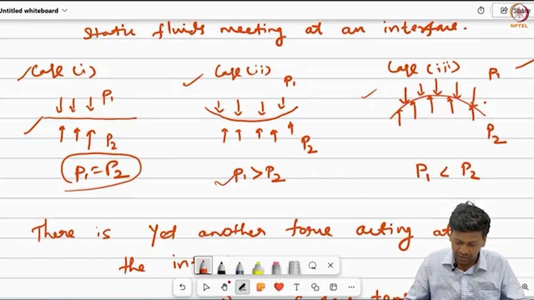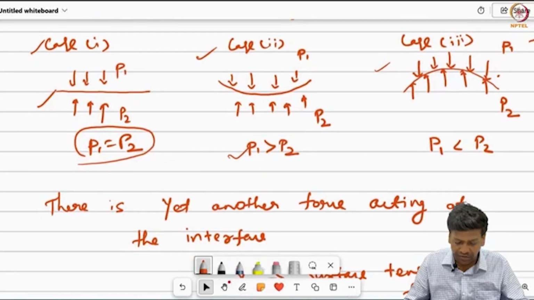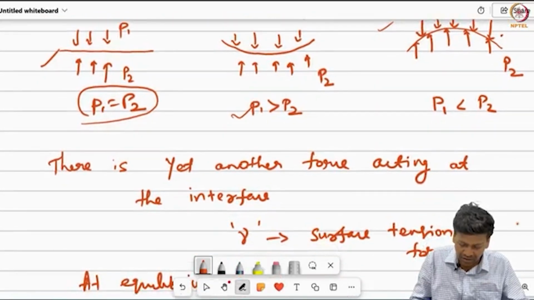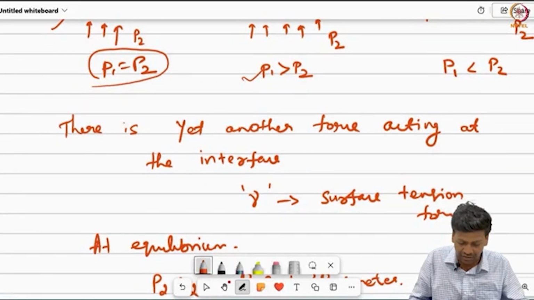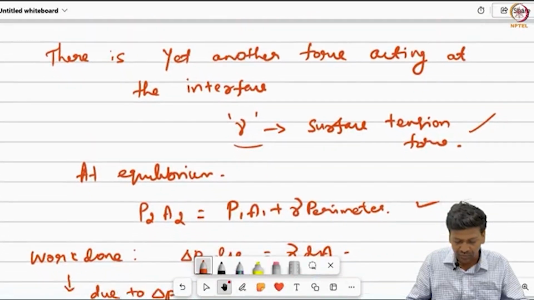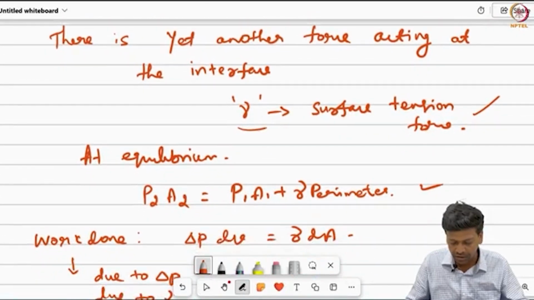But not only pressure forces are acting on these surfaces, there is another force that also exists, that is gamma, which is the surface tension force, acting at the interface.